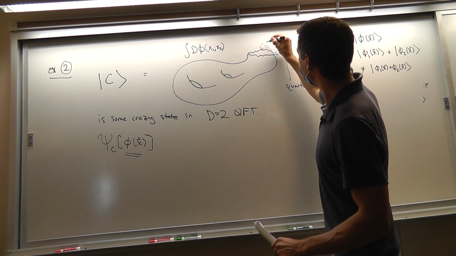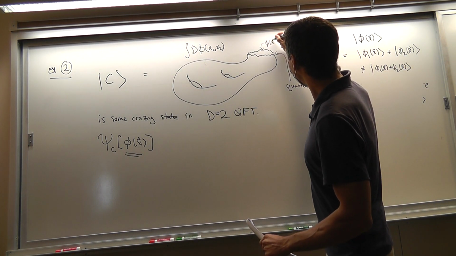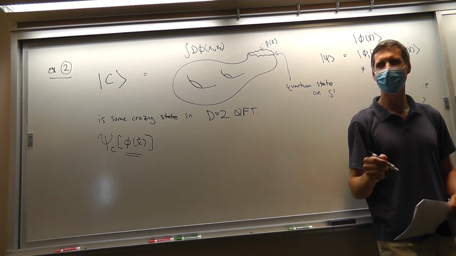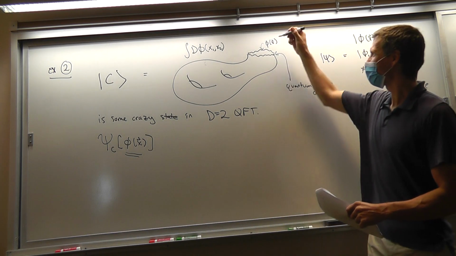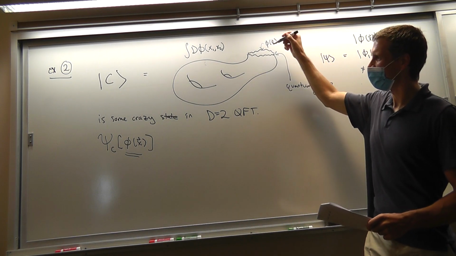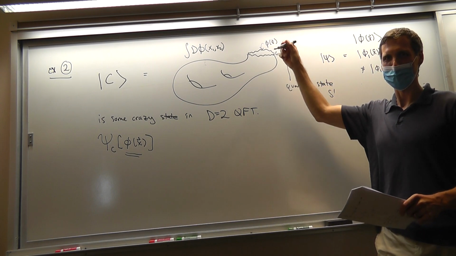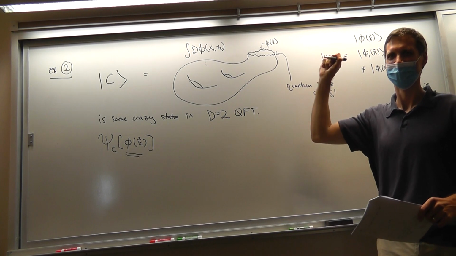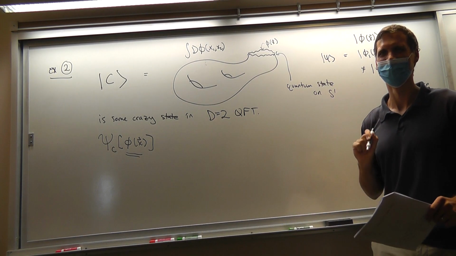So here, probably my notation is confusing because vector x looks bigger than x. Vector x just means space. And I'm using x to be the full thing. So in 1 + 1 dimensions, vector x is smaller than x. Sorry.